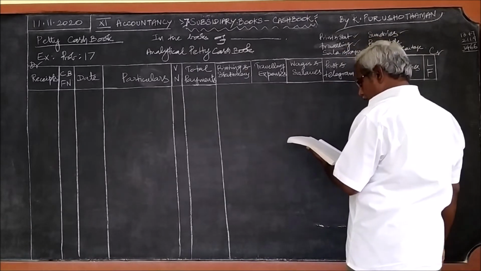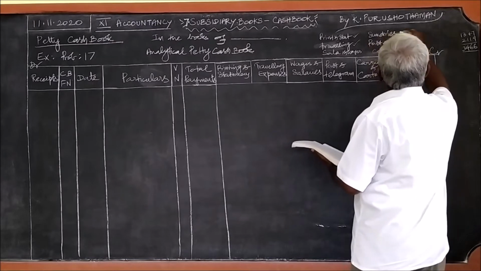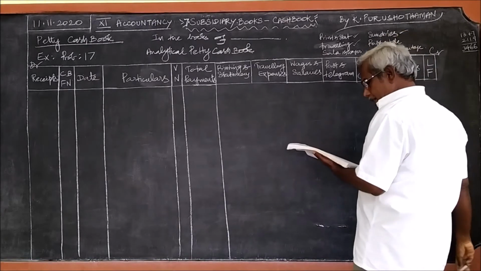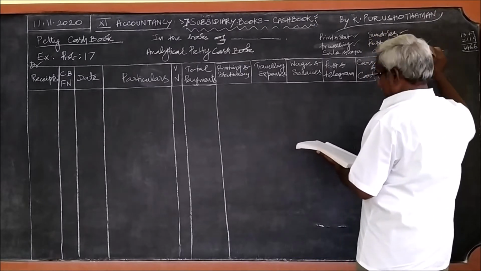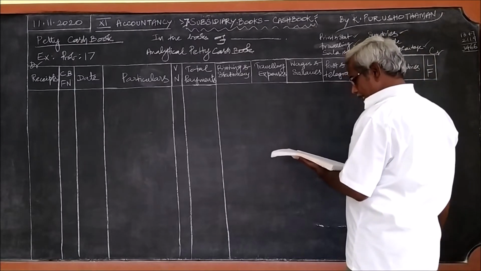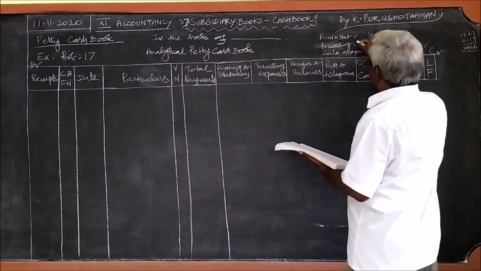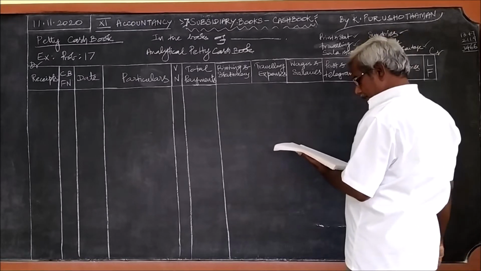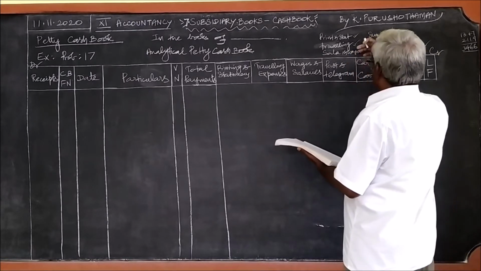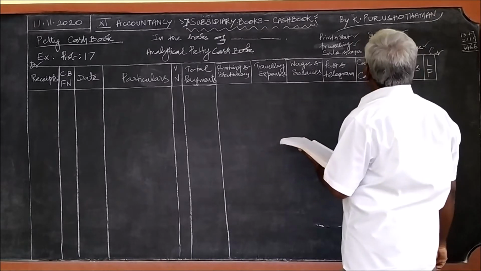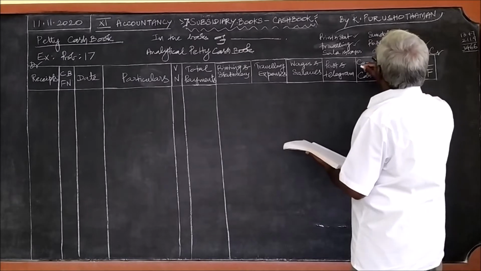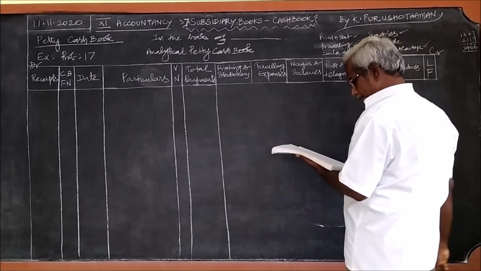And refreshment to customers, sundries, okay, already. Paid for carriage and cartage, we require. Paid for conveyance, the travelling expenses. Paid for travelling expenses, the same. Paid for revenue stamps, printing and stationery, already there.